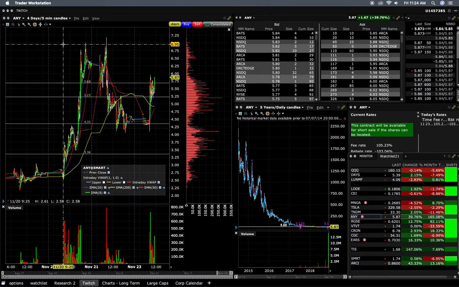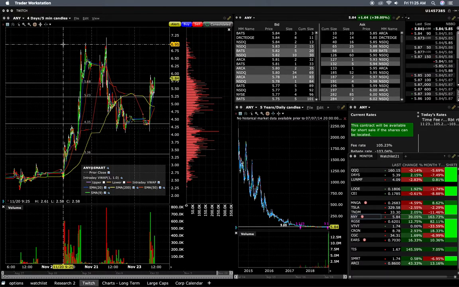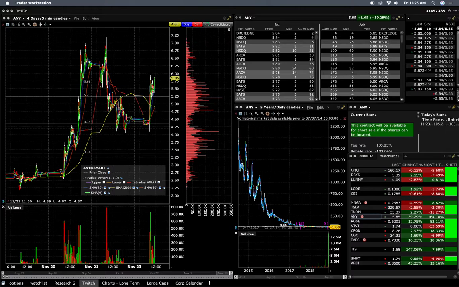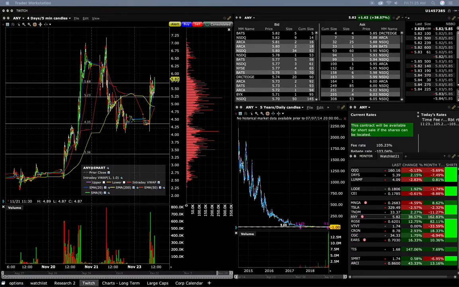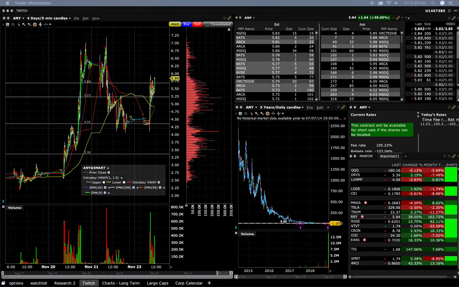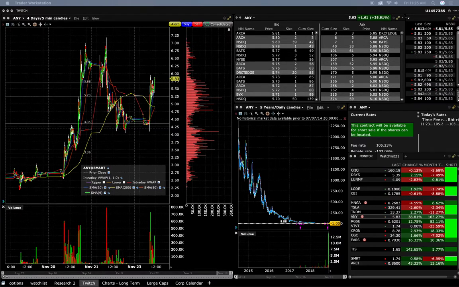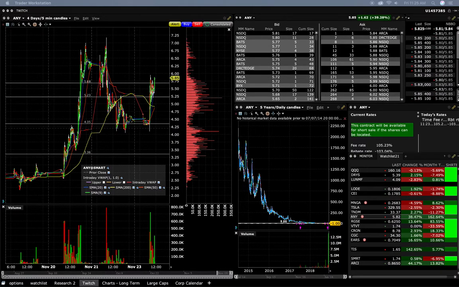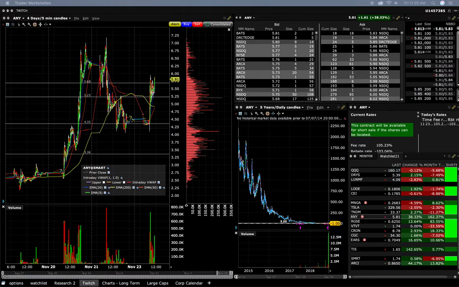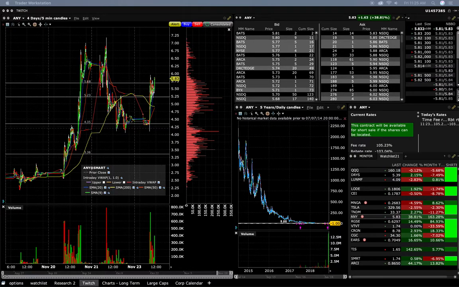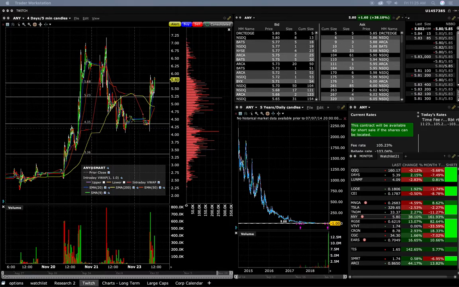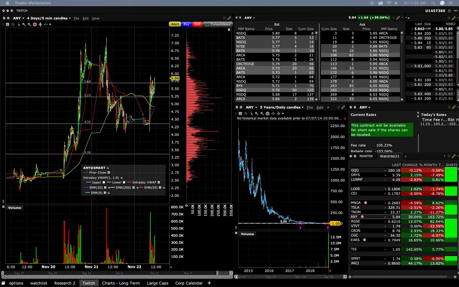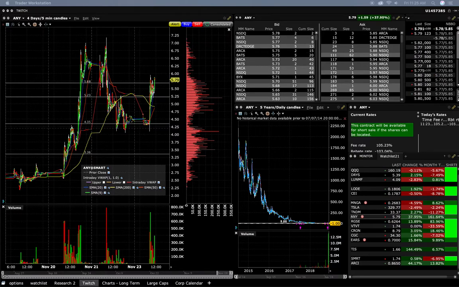Now, float is different. Float is the amount of shares that are freely traded on the market. So that means if I'm an owner of ANY and let's just say I own 50,000 shares, and I'm an insider, those are not freely traded because then I'd have to file a Form 4 or something.